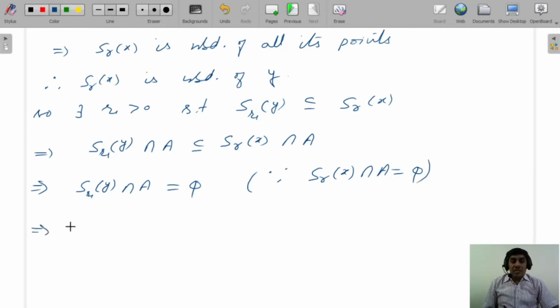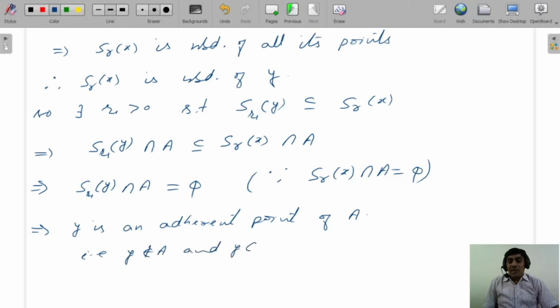This implies y is not an adherent point of capital A, that is, y does not belong to A and y does not belong to D of A. This implies y does not belong to A union D of A, which is equal to A closure.